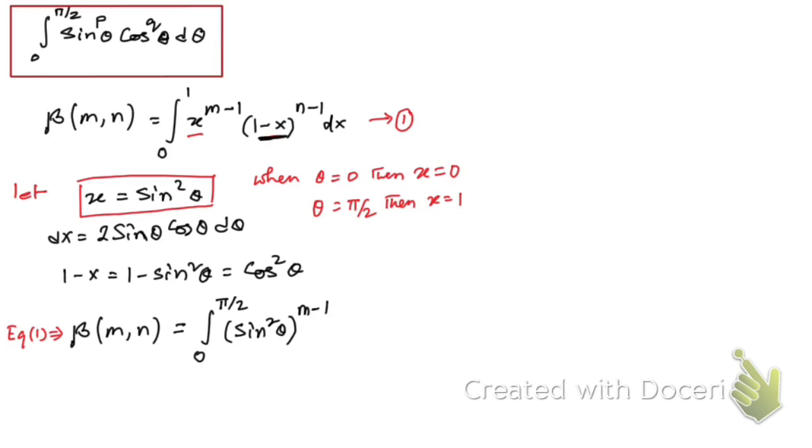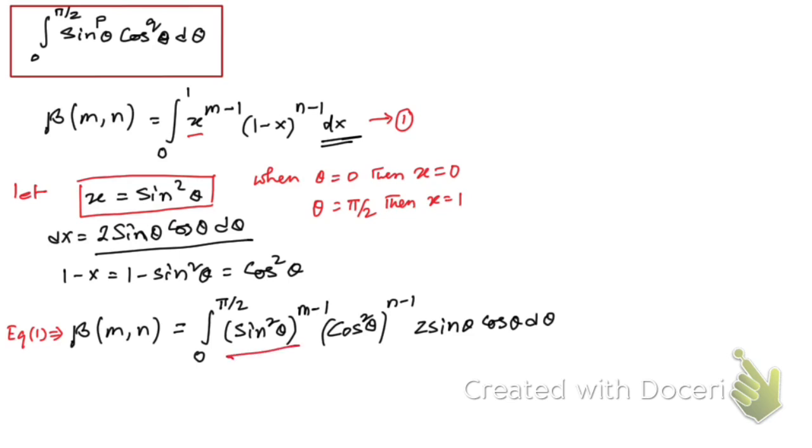Then 1 minus x is nothing but cos square theta, so we replace 1 minus x by cos square theta, whole to the power n minus 1, and dx is replaced by 2 sin theta cos theta d theta, right?